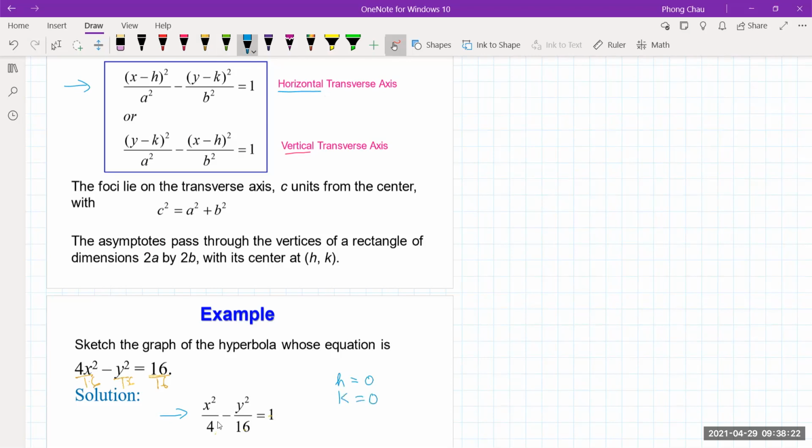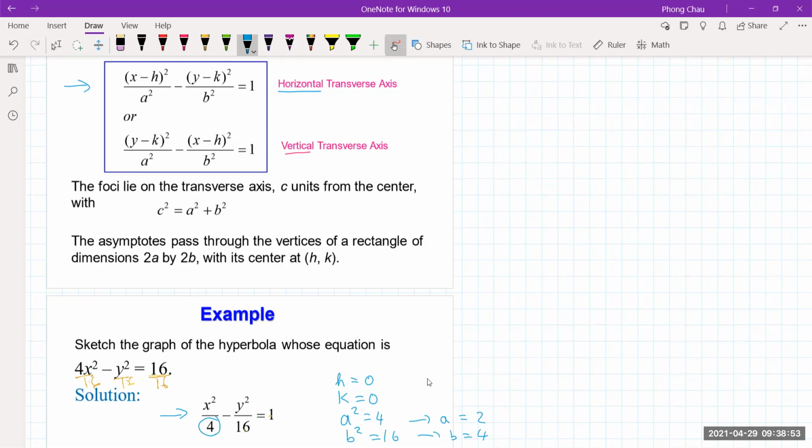The a squared is the one that comes first, so a squared is 4 and b squared is 16. We no longer require a to be bigger than b as in the ellipse. So then you solve, and a will be 2 and b will be 4.